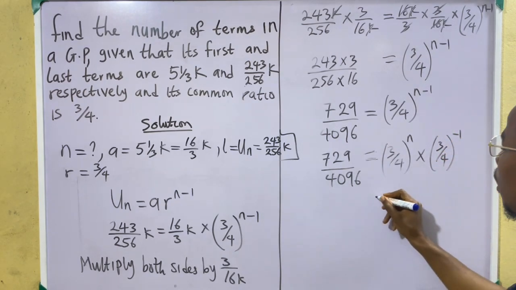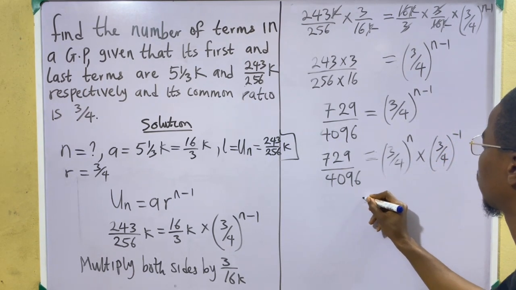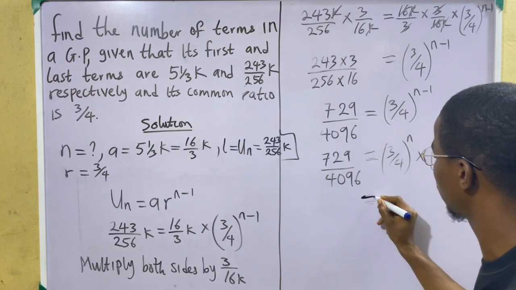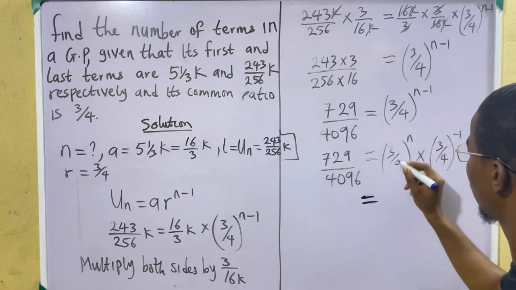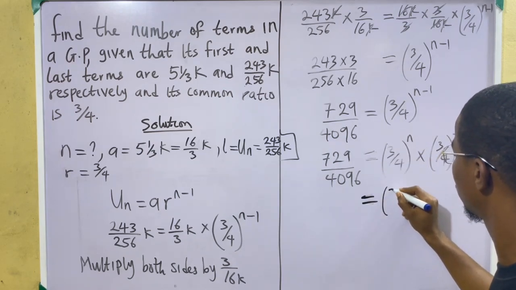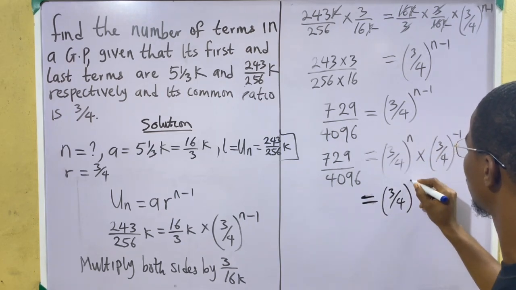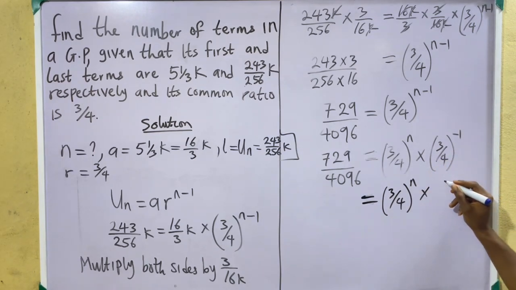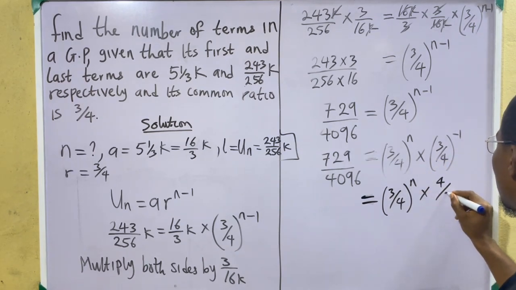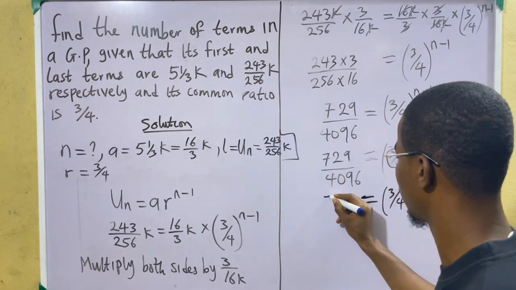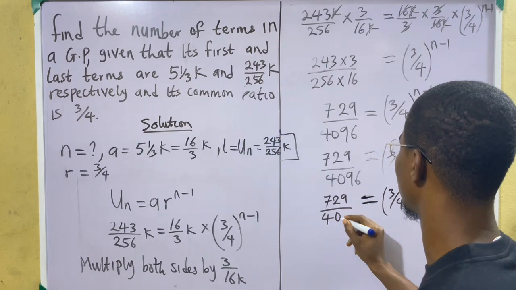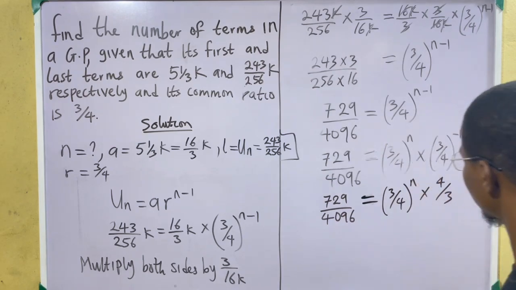Observe what's happening here. This is an inverse. So we have this first, 3 over 4 raised to power n times, for an inverse, the numerator will go to the denominator and the denominator to the numerator. So that's 4 over 3. And here we have 729 over 4096.